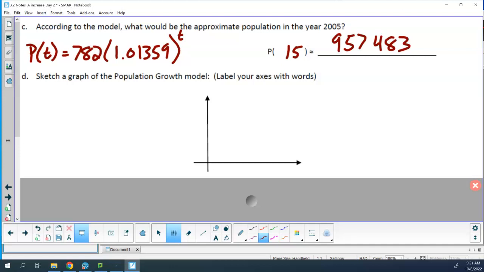Now, in this next problem, it says sketch the graph of our function, growth or decay. Growth, okay. Horizontal asymptote. Still y equals 0, right?